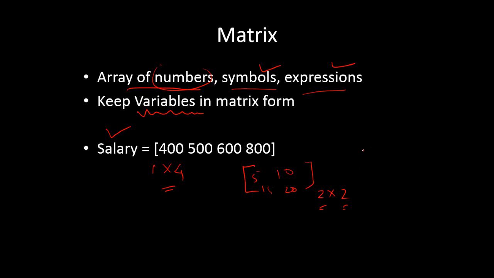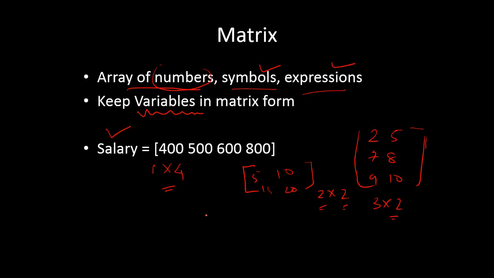We can also have non-equal rows and columns in the matrix. So we can have something like this. So we have got 3 rows and 2 columns, right? So this is a 3 by 2 matrix, right? So that's about matrices.